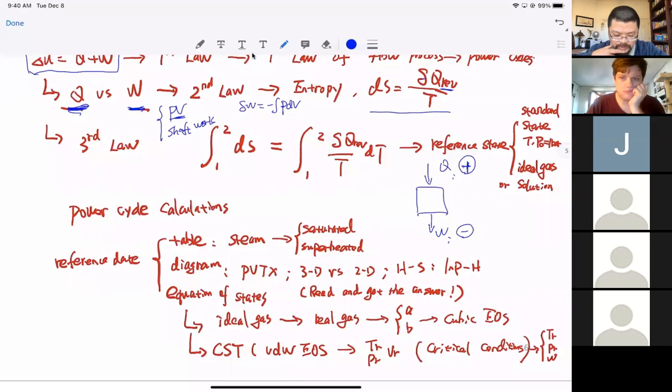And then moving along to the third law, that is basically a patch to the entropy definition. Recall that in thermal we are interested in two different values. The most important is always the change. Say this is the change of the Gibbs energy, this is the change of the entropy. But sometimes we are also interested in the exact value, right? What would be the Gibbs energy G1 at the initial condition?